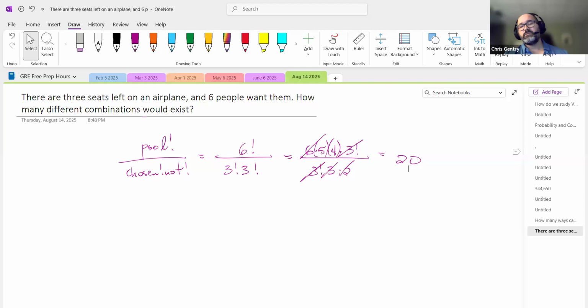The reason that doesn't work is because that treats all the variations of the 3 people who were not chosen as though they were different variations. When in fact, you've got to divide out the different variations of the not chosen. So then that would make it like 720 over 36, right?